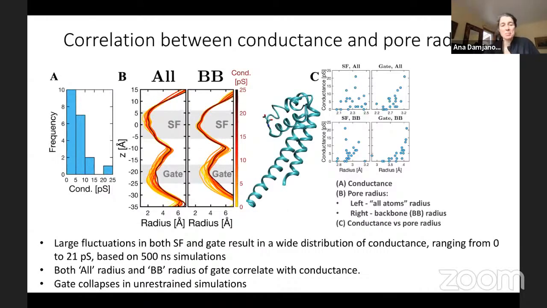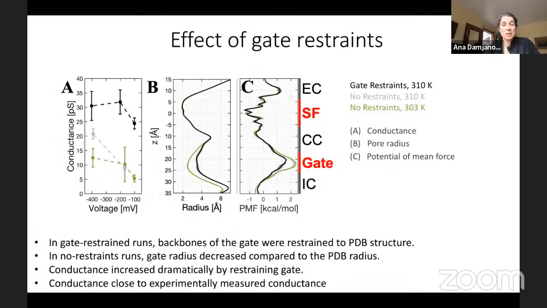So then we decided to constrain the gate to the PDB value. So we didn't allow those residues to move further in. They were able to fluctuate, but not go further in. And then we looked at conductance.